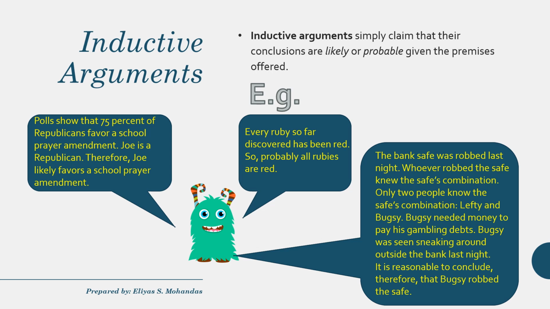Although he happened to be there, and happened to know the safe combination, it is not necessarily him. There's also another possibility. It could be Lefty. So when there is a possibility and we are not certain about the conclusion, automatically that argument itself is inductive. I guess by just presenting these three examples, you may already have a general idea of what an inductive argument is all about.